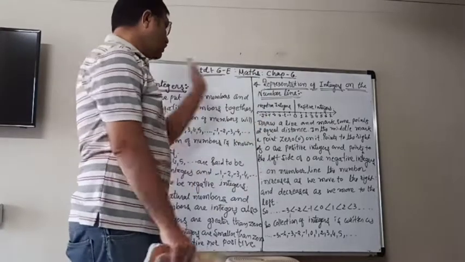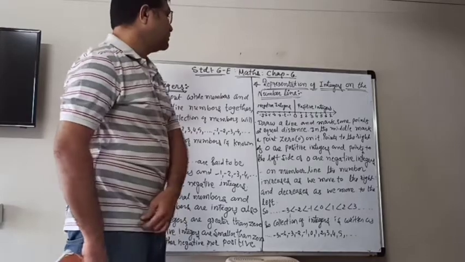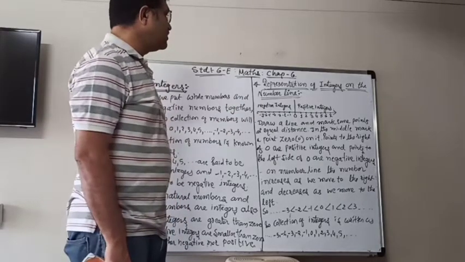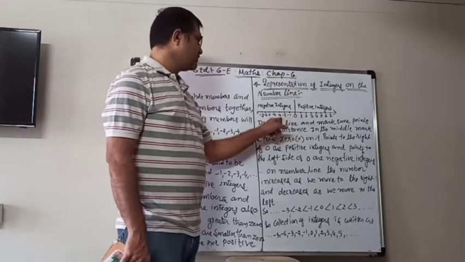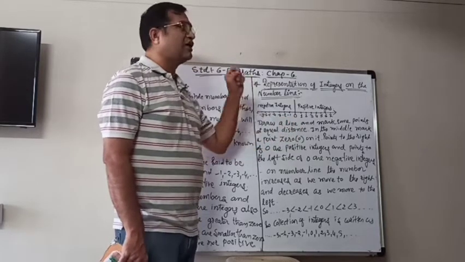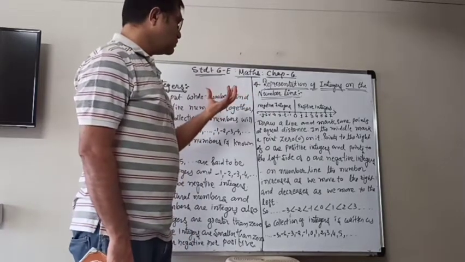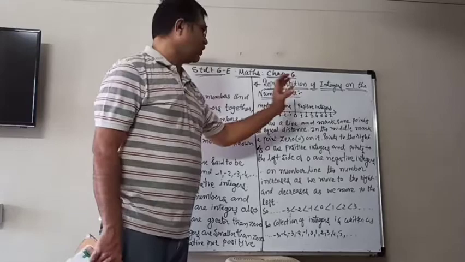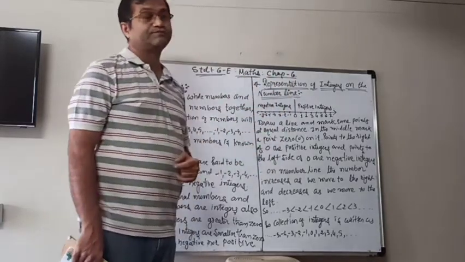Then on the left side of 0 are the negative integers, meaning -1, -2, -3, -4, -5 and so on. So this whole collection of integers can be represented on the number line.